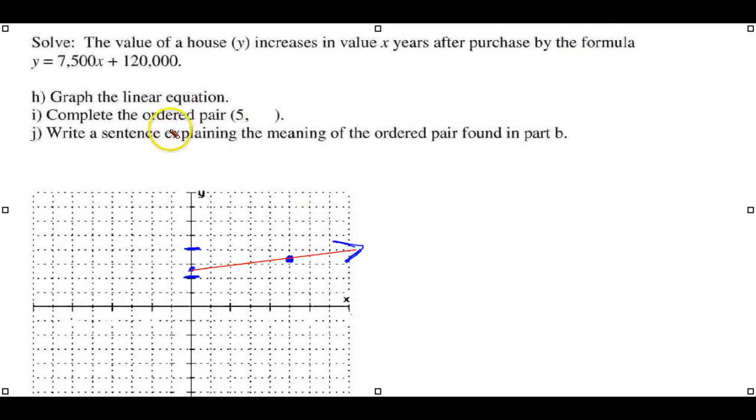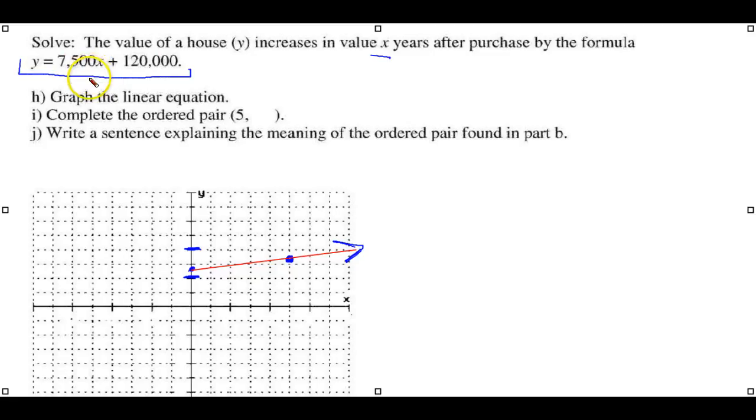For the last example, they give us this equation, which deals with the value of a house as it increases in value for this many years after the purchase. And this is the equation that explains it or defines it.